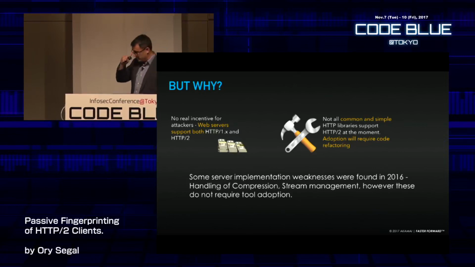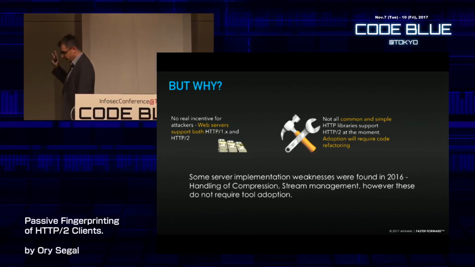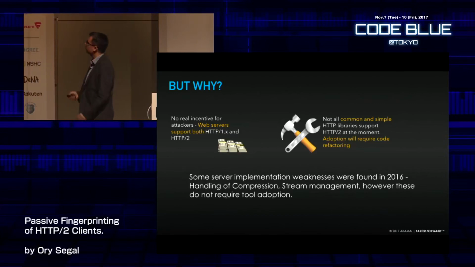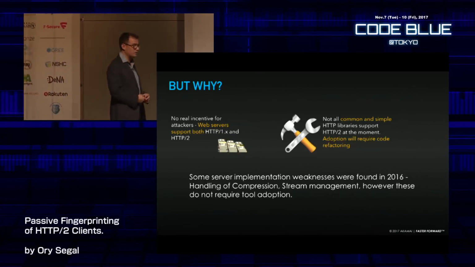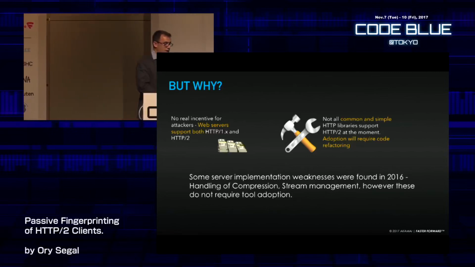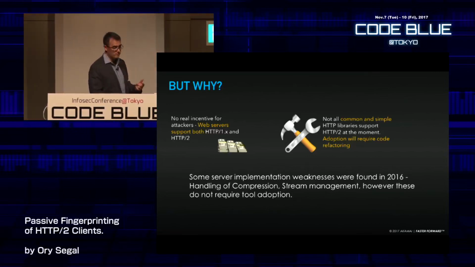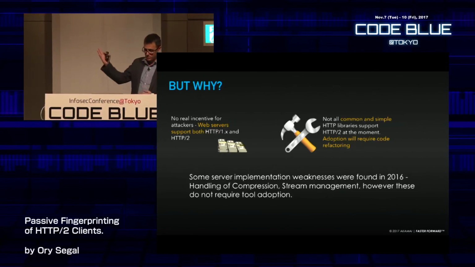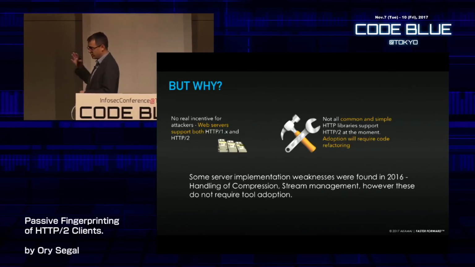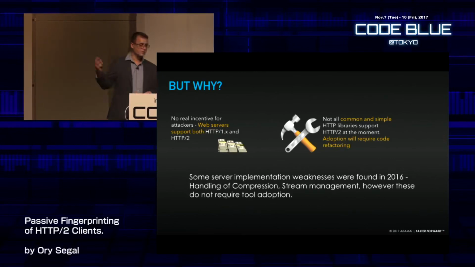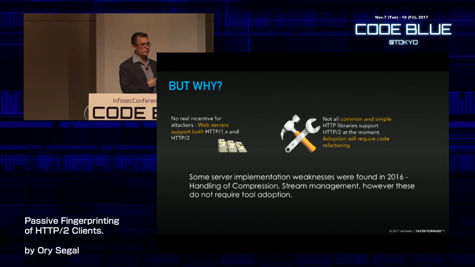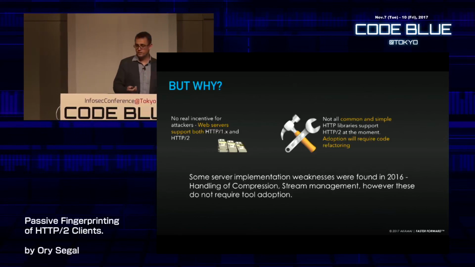We did see that some folks, I think last year or almost two years ago, published some findings about bugs in HTTP2 implementations, weaknesses, where servers didn't handle compression and stream management and other things. However, in order to exploit these, you don't really need these tools. You don't need SQLMap, you don't need Burp, and so forth.